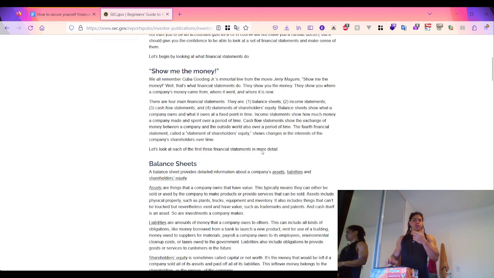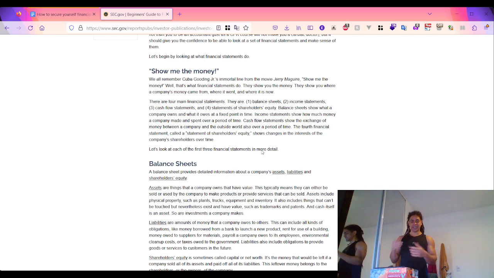So the balance sheet, the TLDR, is a snapshot of the company's assets, liabilities, and shareholders' equity at a point in time. Assets are anything that a company owns and has with value, whether tangible or intangible.